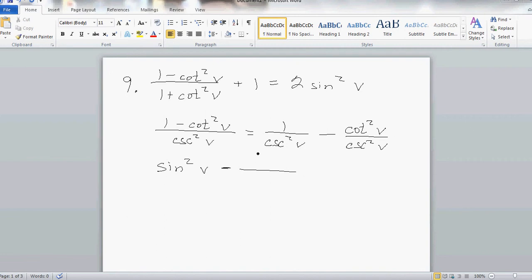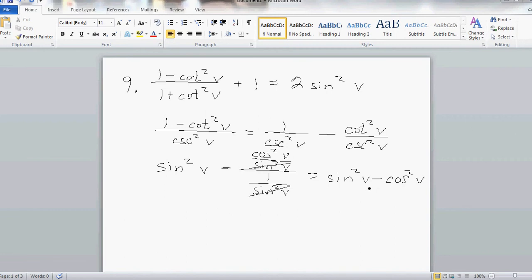Cotangent squared of v is cosine squared of v over sine squared of v, and cosecant squared of v is 1 over sine squared of v, and we can see that those will cancel each other out, and so we get sine squared of v minus cosine squared of v. Now this is very similar to the Pythagorean identity, but it doesn't quite work. And what we look at is, if there would be some way to change this to a positive sine squared v, then we would have it made.